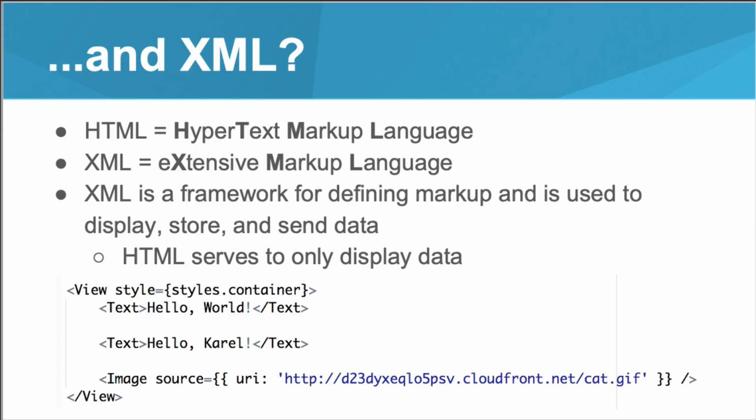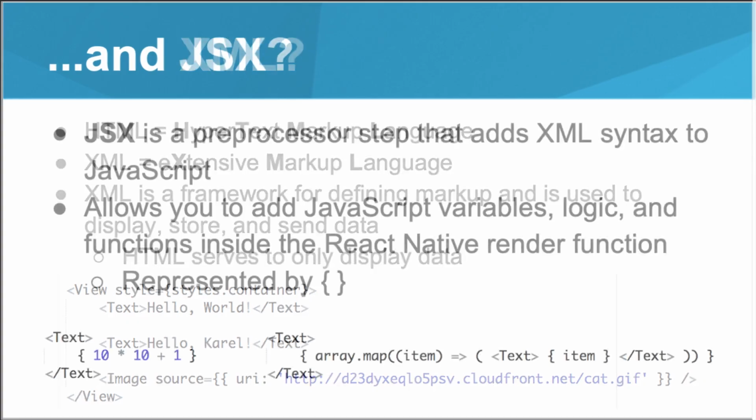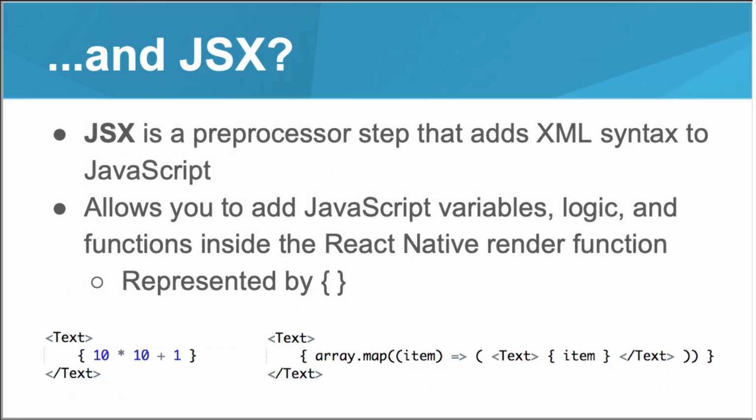We will be using React Native components like text views, background images, and more, and also creating our own custom components which will serve to display and send data. JSX will be used often in our React Native apps, which is a preprocessor step that adds XML syntax and structure to JavaScript.